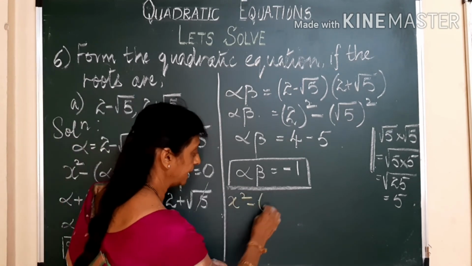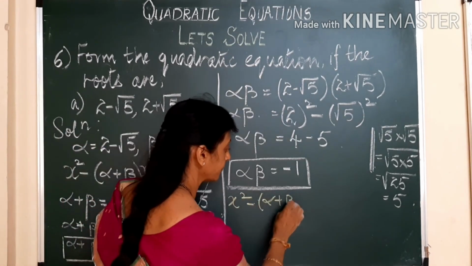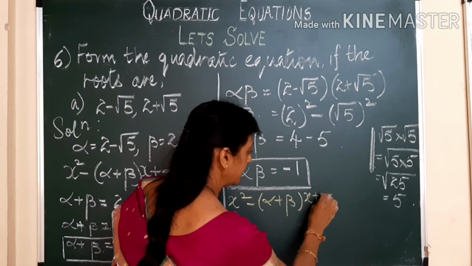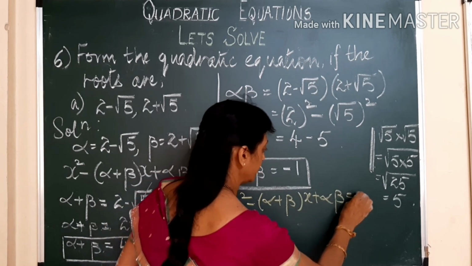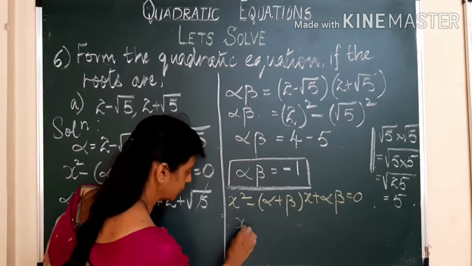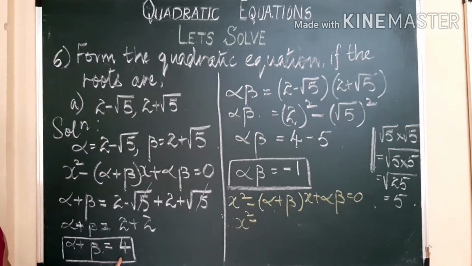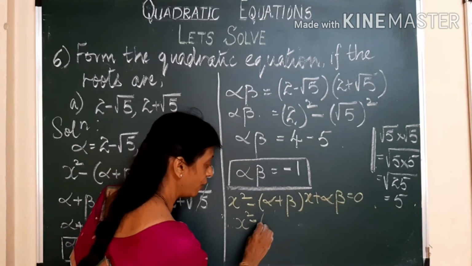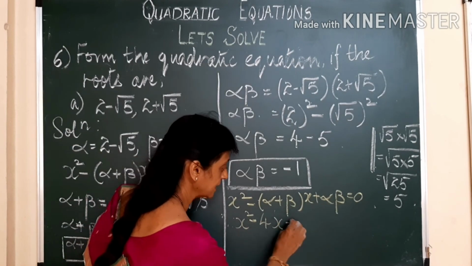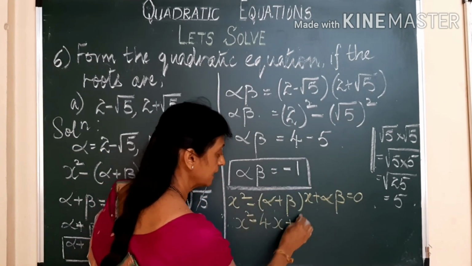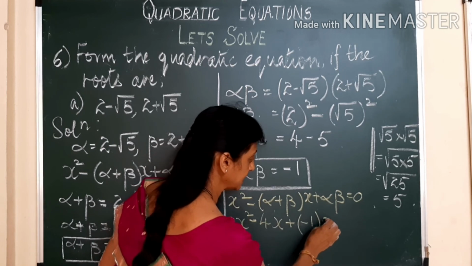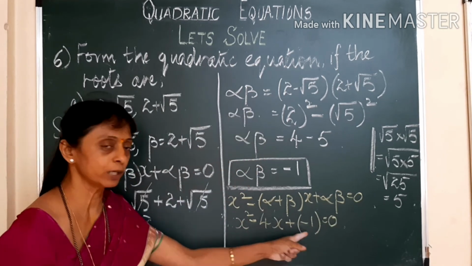X squared minus (alpha plus beta) into x plus alpha beta, which is equal to 0. Therefore, x squared, let's substitute alpha plus beta. What is the answer? It is equal to 4. So 4 into x plus, what is alpha into beta? It is minus 1. So put it inside the bracket. In the next step, you can open the bracket.